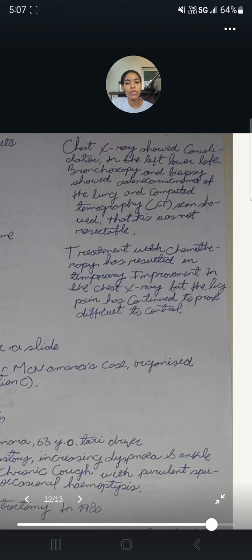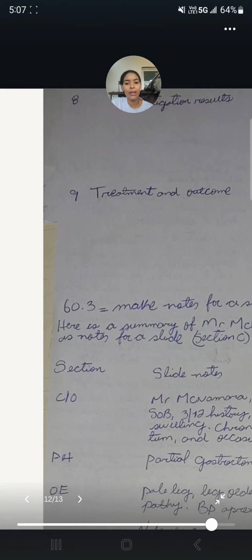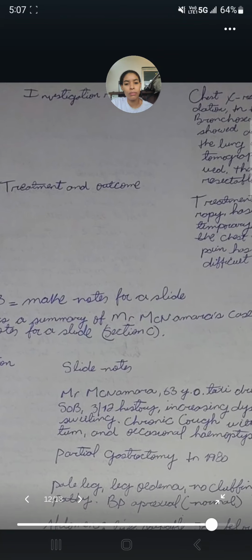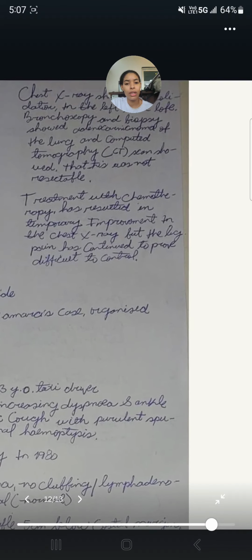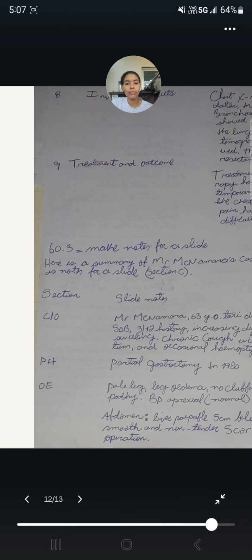Bronchoscopy and biopsy showed adenocarcinoma of the lung, and computed tomography, or CT scan, showed that it was not resectable. And the last one, number 9, treatment and outcome: treatment with chemotherapy resulted in temporary improvement in the chest x-ray, but the leg pain has continued to prove difficult to control.